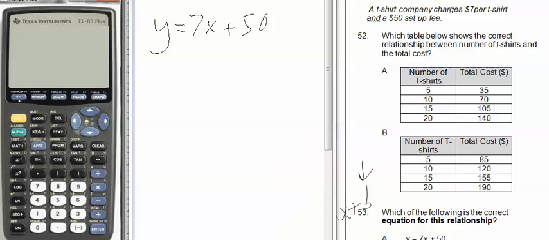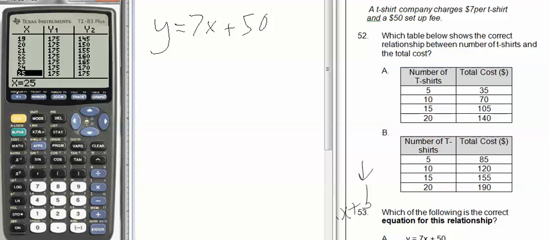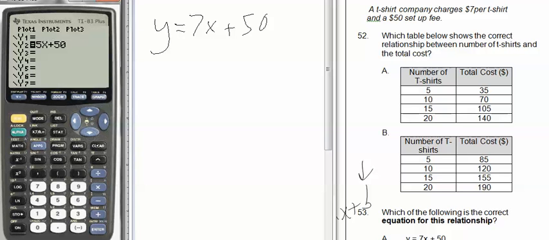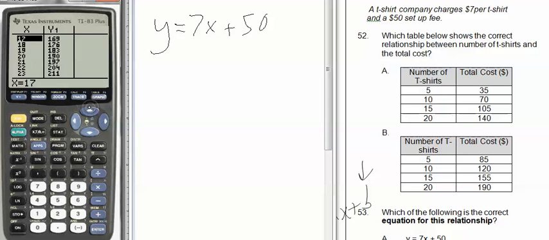So we go into our calculator, the y1, and put that in, 7x plus 50, and look at our table and see where this fits. So 15 has 155, so it can't be that one, it's got to be B, and we can look at our other numbers and they will work out to 10, 120.